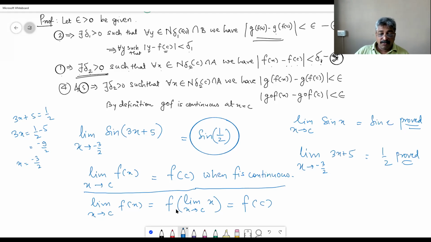Indirectly I am flipping limit and function. Here it was limit followed by function, and here it is function followed by limit. So I am flipping the two operations. Am I allowed to do that every time? No. When will I be able to do it?